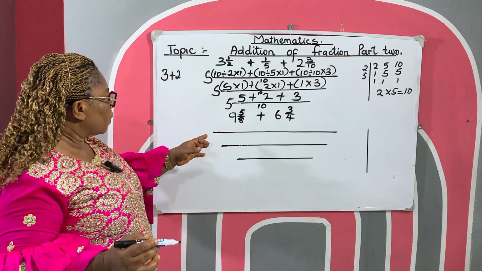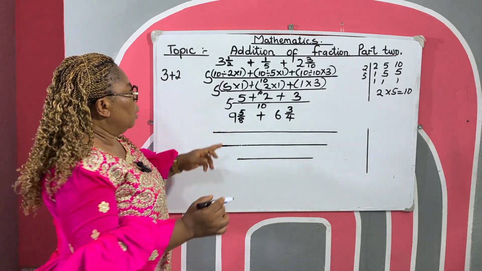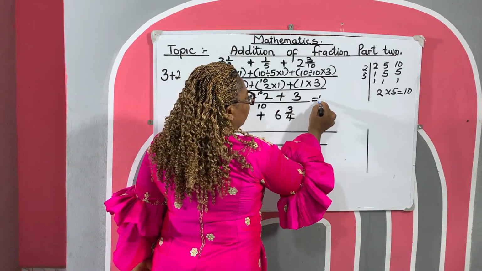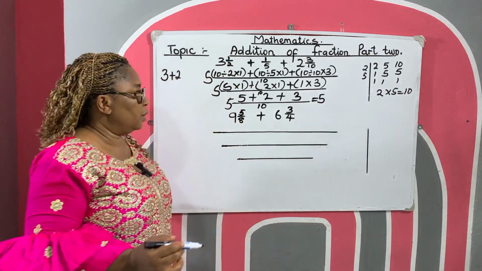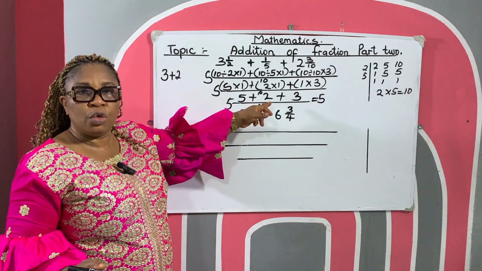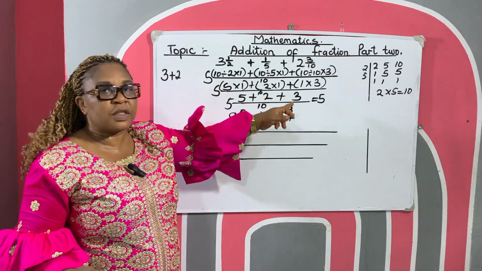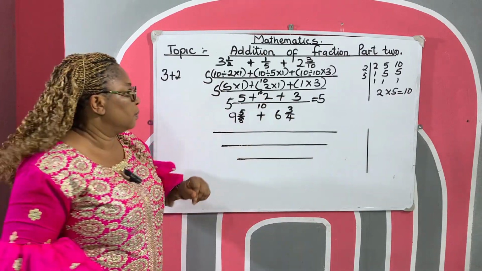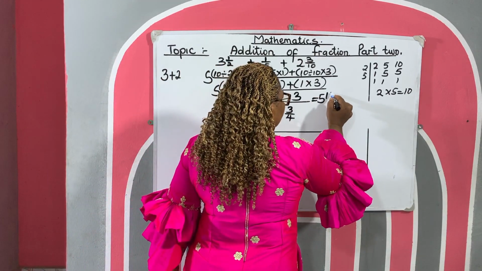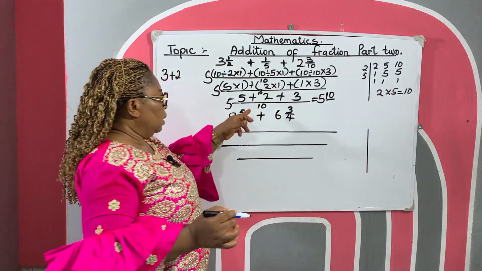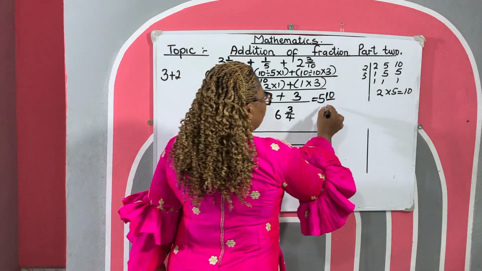Now, we are going to bring out the whole number first. You see the whole number. 5 plus 2 will give us 7. 7 plus 3 will give us 10. The LCM is also 10.